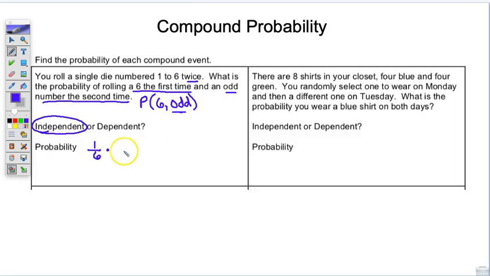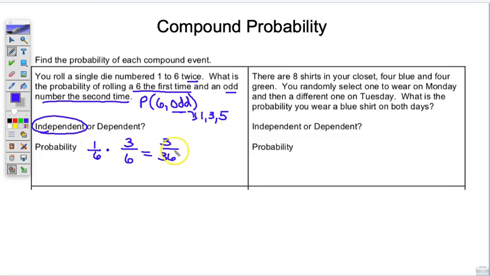On that second roll, we still have a die that has 6 numbers. However, there are only 3 odd numbers on that die. Those numbers include 1, 3, and 5. So when we only have 3 out of the 6, we're going to record that as 3/6. And now we're going to just multiply straight across. So 1 times 3 is 3, 6 times 6 is 36.